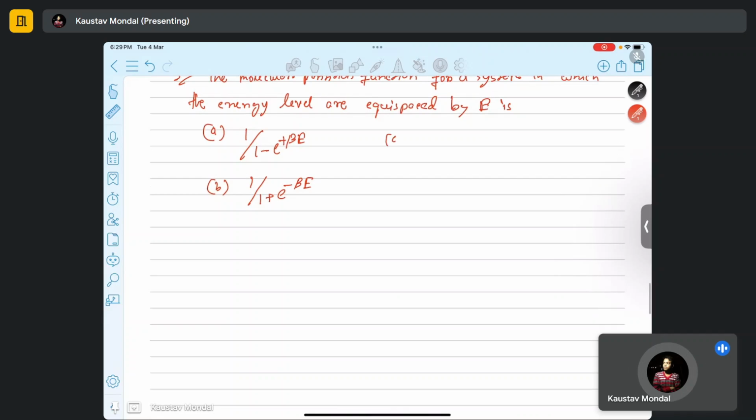Option C is 1 by 1 minus e to the power minus beta E. Option D is 1 by 1 plus e to the power plus beta E. So these are the four options given.